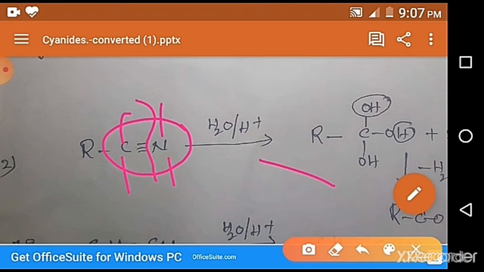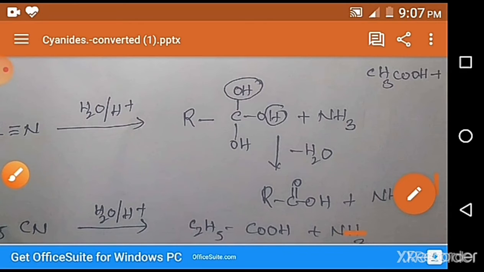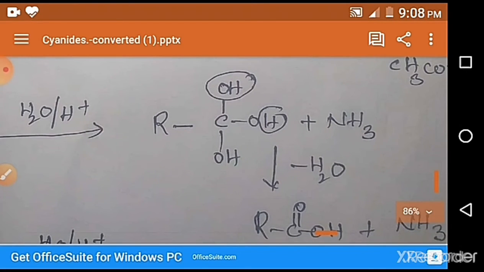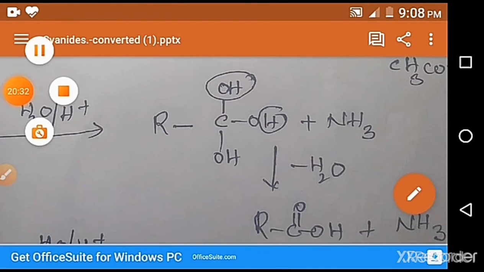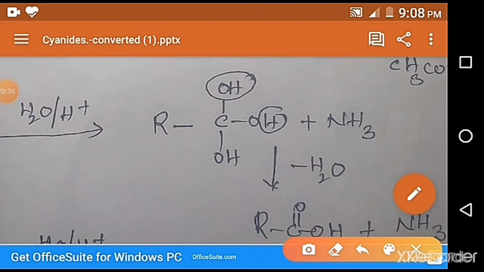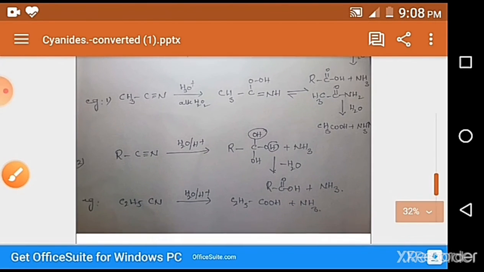By evolving ammonia, we get the acid. First we will get a gem triol. This triol on dehydration gives the corresponding acid. That's it. So this is one method.